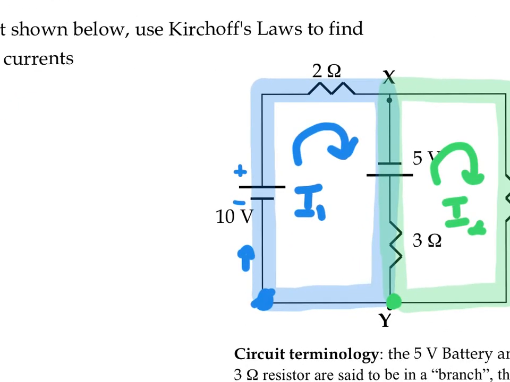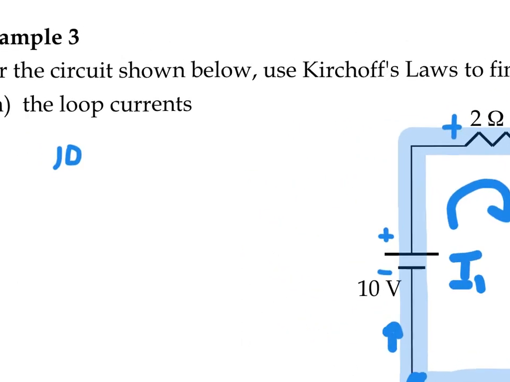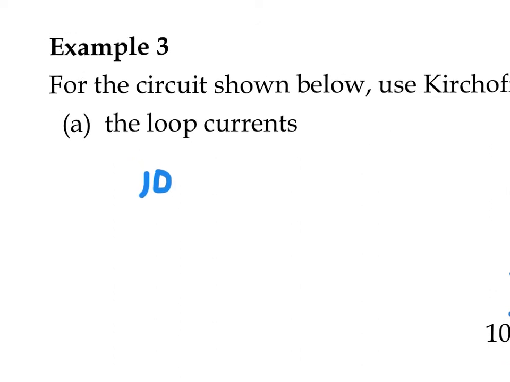Now, the current is going through this 2 ohm resistor, which means the electric potential on the left hand side is going to be higher than on the right hand side. So going through that resistor, the electric potential drops by a value of I times R, which is 2 times I1. So I'm going to subtract 2 times I1 over here.